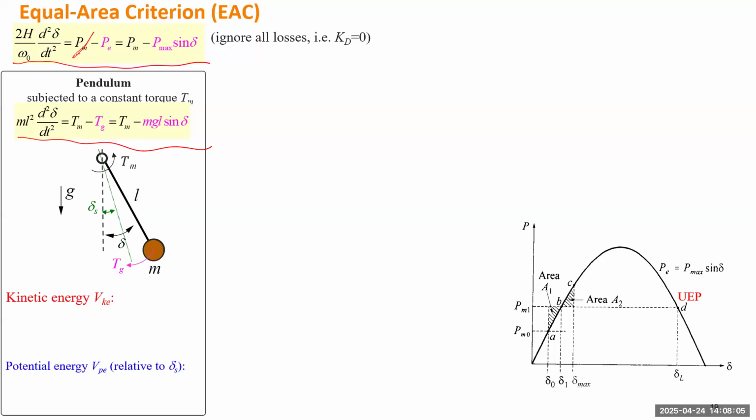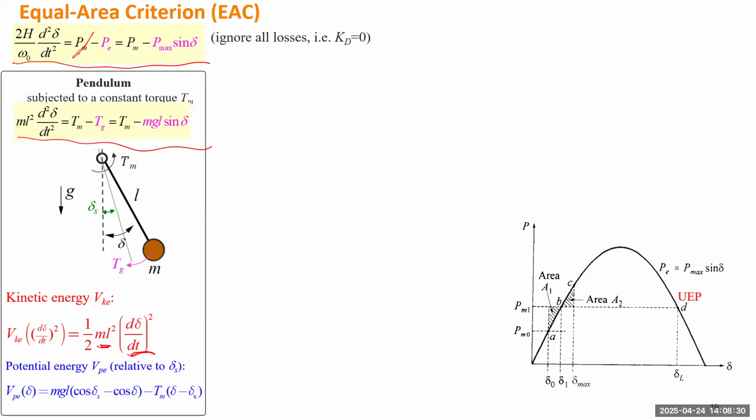So for this pendulum, you can calculate the kinetic energy and potential energy. Kinetic energy is defined to be a function only depending on the speed of the pendulum squared, which is typically defined as half of the moment of inertia multiplied by the angular speed squared.